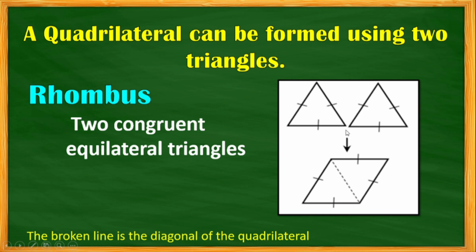So all sides are congruent, so this would be an equilateral triangle. So combining two equilateral triangles forms a rhombus. And the broken line again is the diagonal of the quadrilateral.